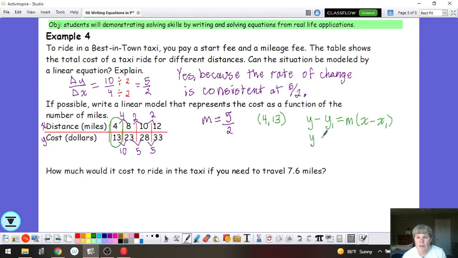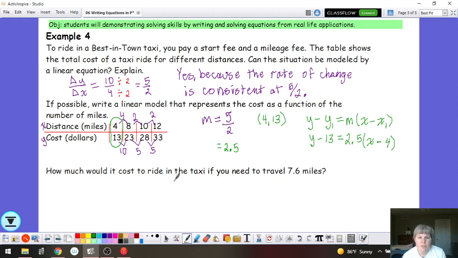So we have y minus 13 equals, and since this is a word problem, I'm going to convert that 5/2 to 2.5. So our slope is 2.5, and what that's representing is dollars per mile, times x minus 4. So that's our equation in point-slope form.